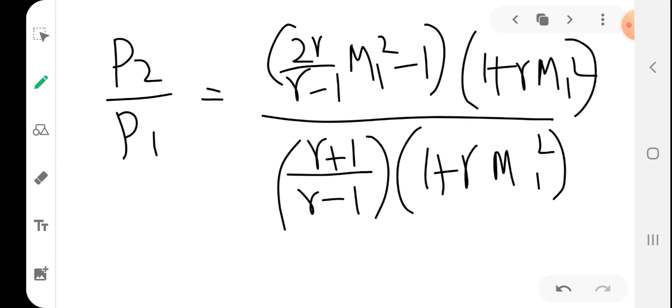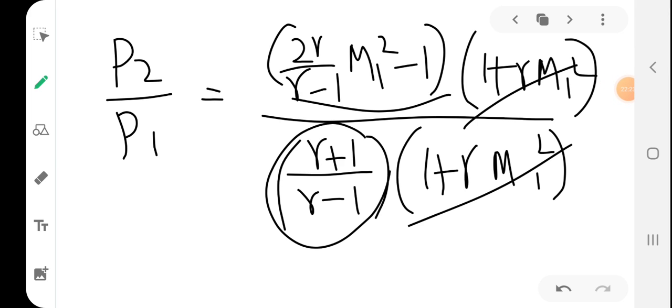Now these two terms 1 plus gamma get cancelled, right? And finally, rearranging this, you just divide this term by this term.